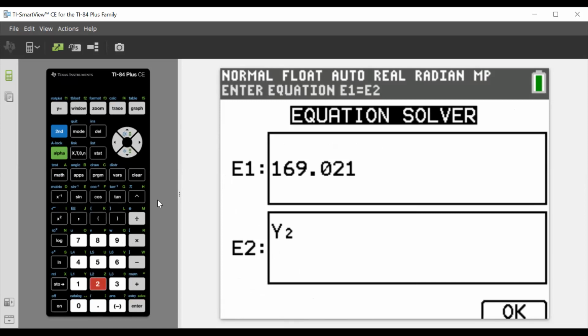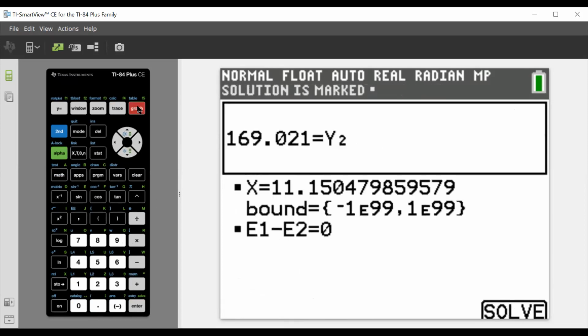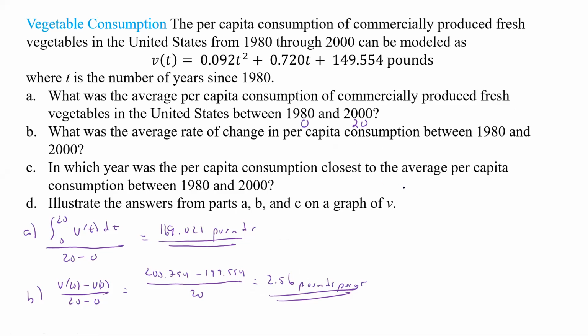Let's see what that gives us. So it looks like 11.150. So for part C, we've set V of t equal to the 169.021 to see when it was the average. And that is at time equal to 11.150 years.